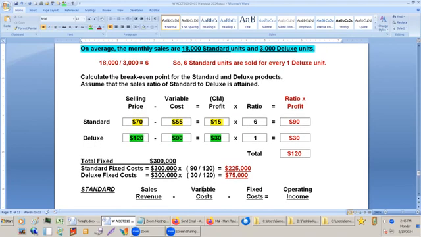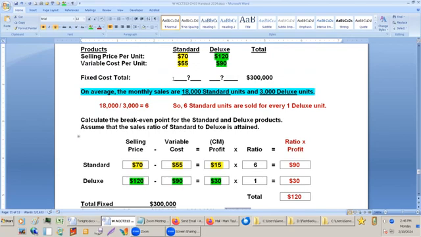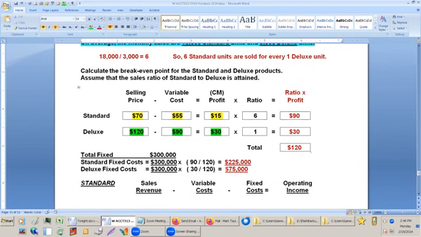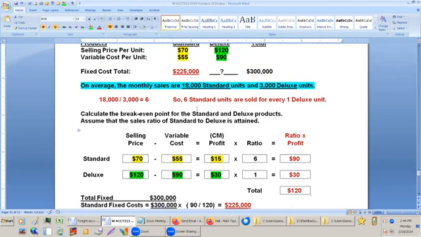And so at this point, now we're super happy, because now we know how much of this 300,000 goes to each one.